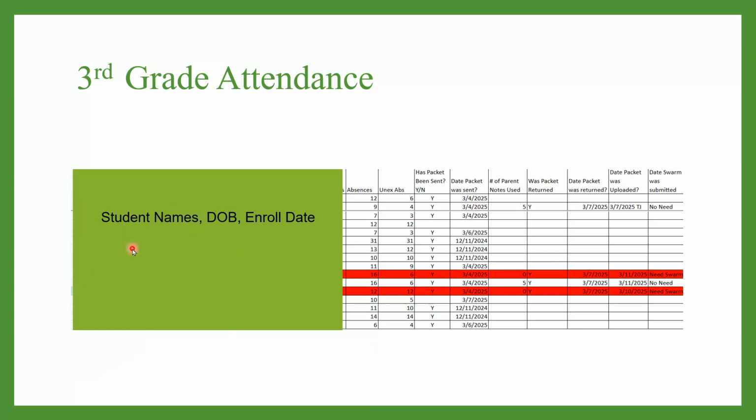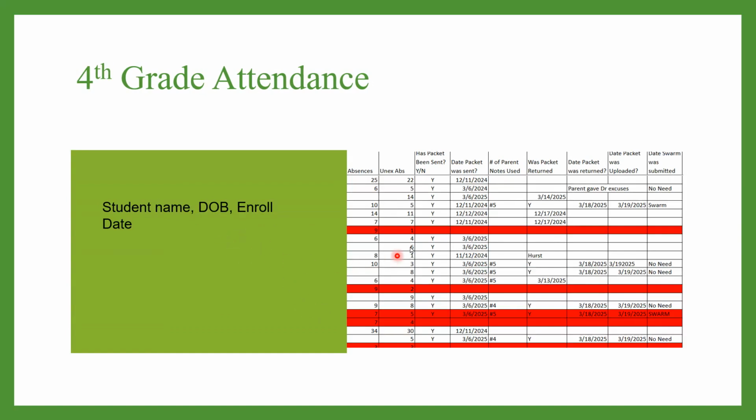These students are on our radar as it relates to attendance, and we are getting in contact with those parents to ensure that we can get them to school and find out what is keeping them away from school. As you can see, we have students here who have 31 days of absences, all 31 days being unexcused. We have sent attendance packets out as an attendance team. Some of them have returned the packets and had meetings with our counselors. Some of them have not.